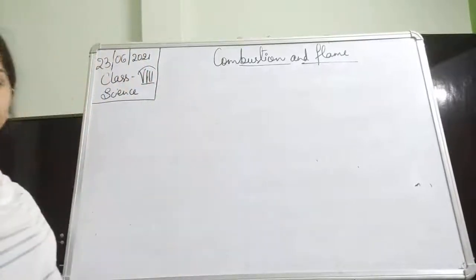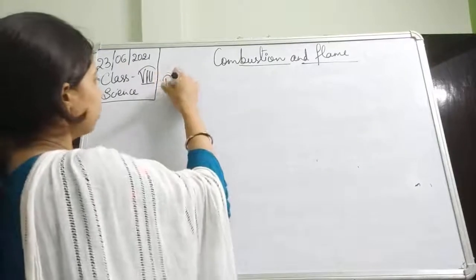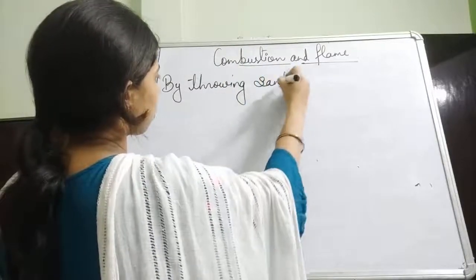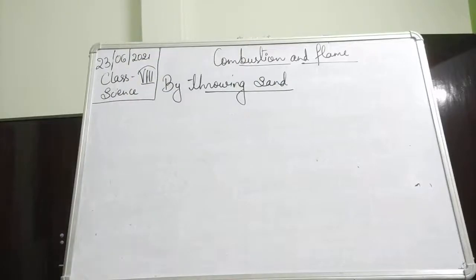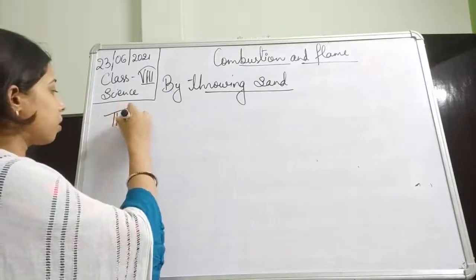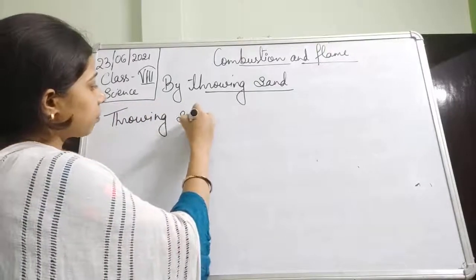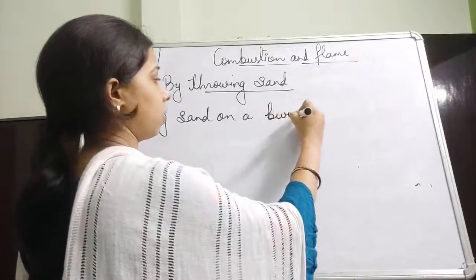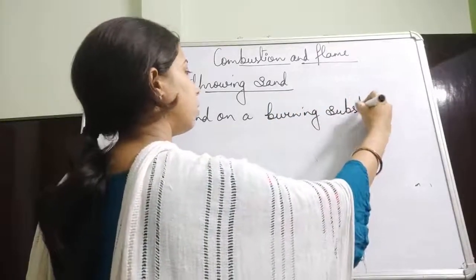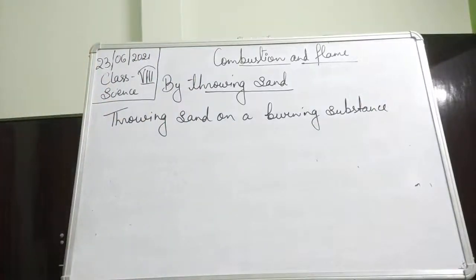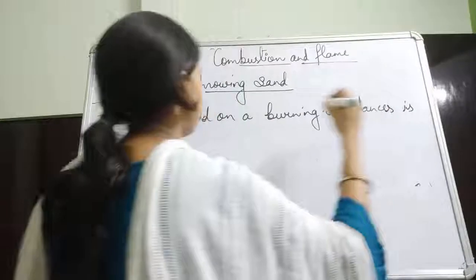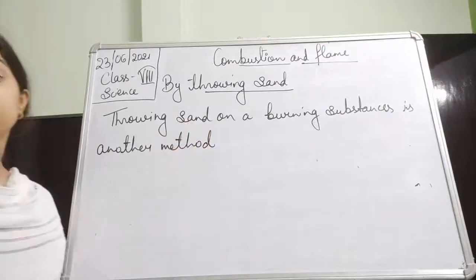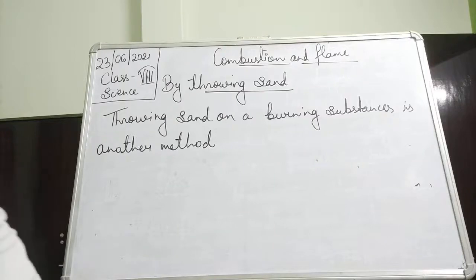By throwing sand. So throwing sand on a burning substance is another method used to put out fire.